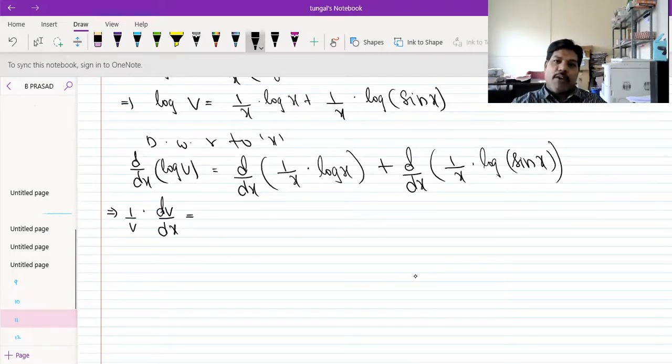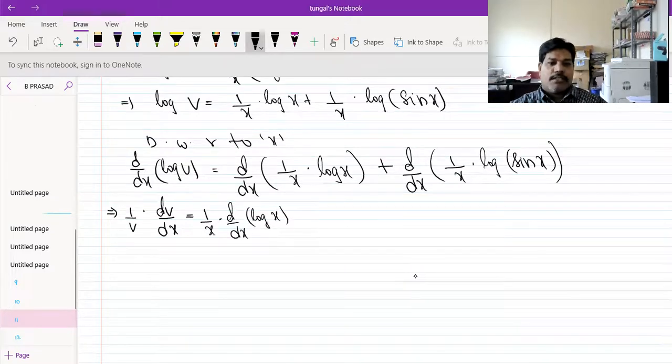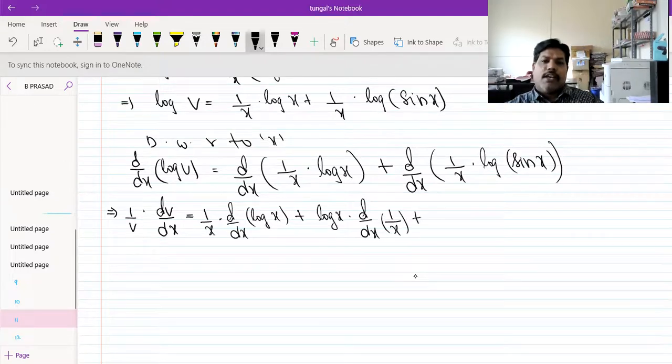Just apply the uv formula: 1 by x into the derivative of log x, plus log x into the derivative of 1 by x, plus, this is also a uv formula.